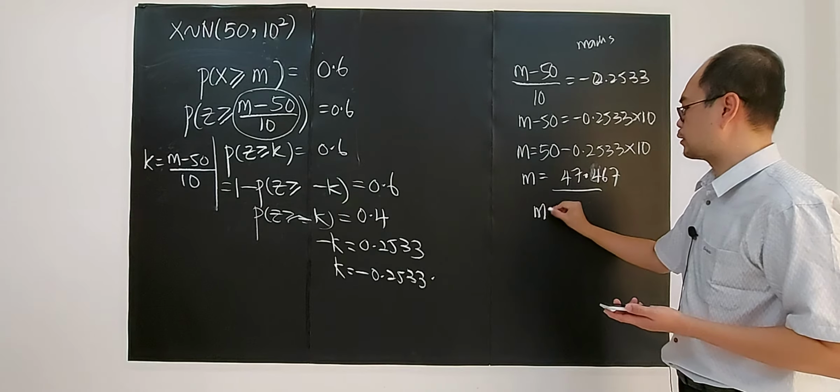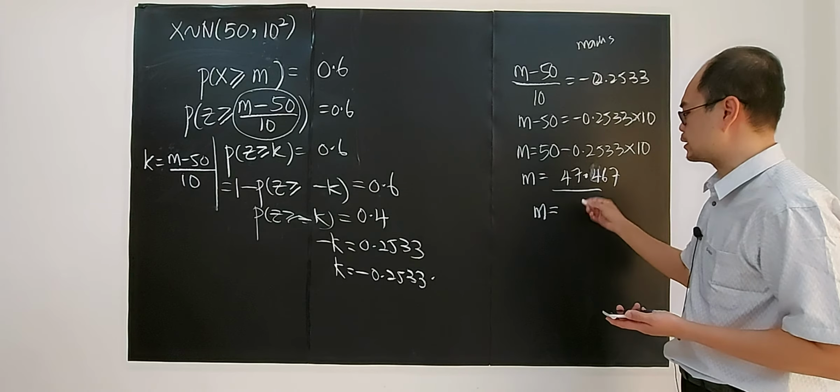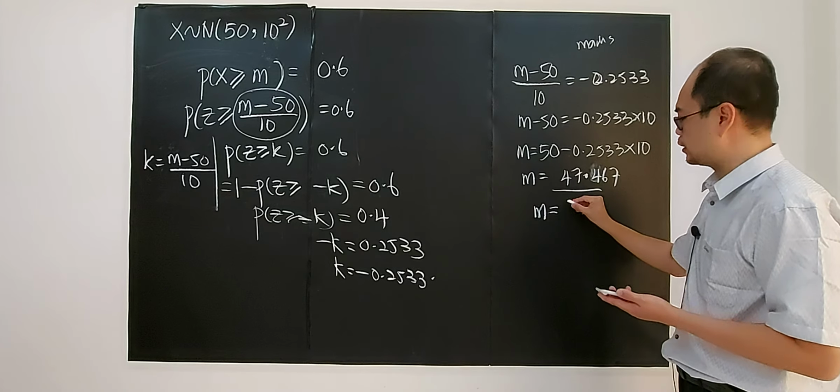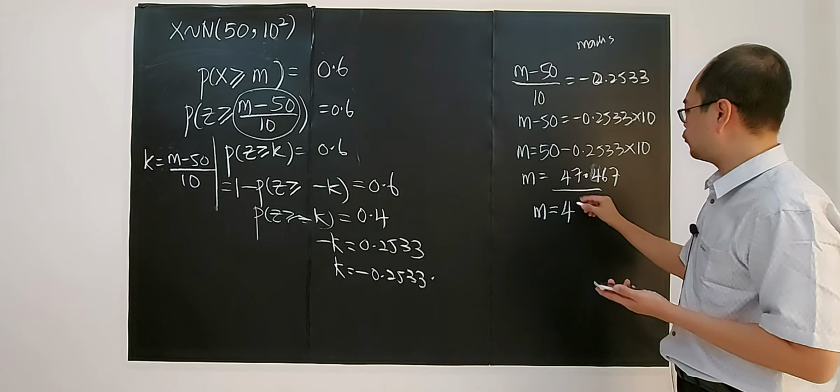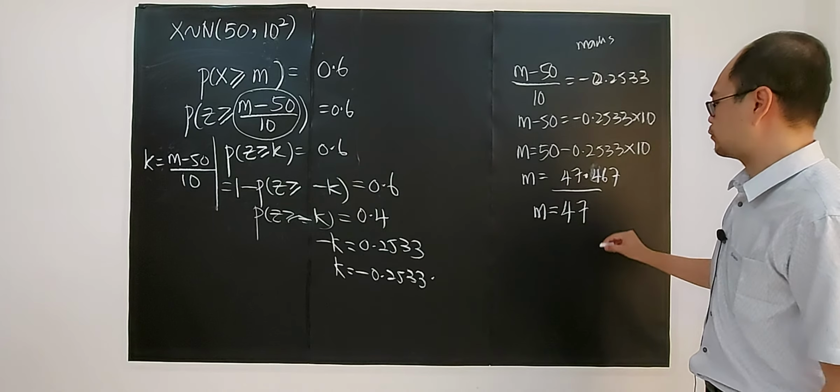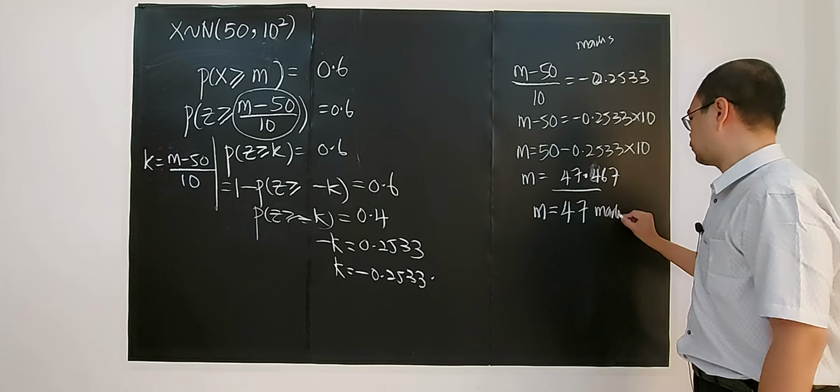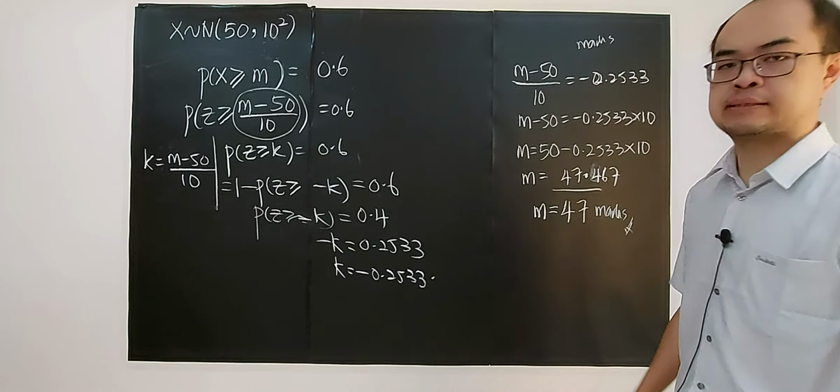So usually we round off to the nearest integer. The marks will be 47 when rounded off, right? 47 marks. So it means that 47 marks is the passing mark.